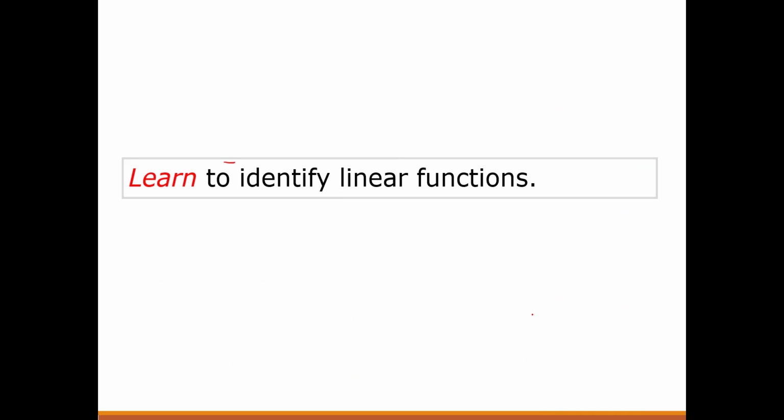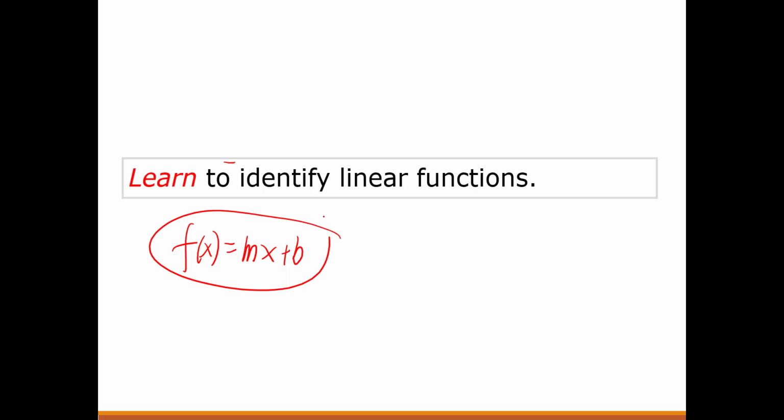And we're going to learn how to identify linear functions very quickly. A linear function should appear as f of x equal mx plus b. As long as you can turn it into this form, then it's a linear function. Otherwise, it's not a linear function.